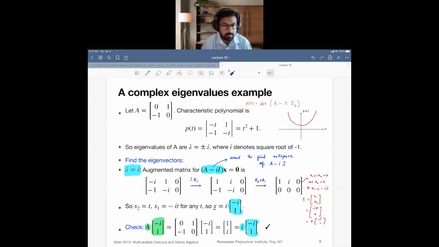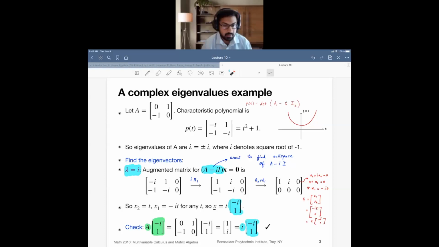Now, before I even go ahead and find the eigenvector for lambda equals negative i, which is the next eigenvector that is left, there is a property that exists between complex eigenvalues and complex eigenvectors: complex eigenvalues will occur in pairs. They will be complex conjugate pairs, and that also applies for eigenvectors.